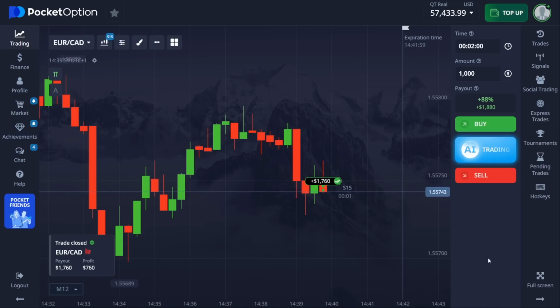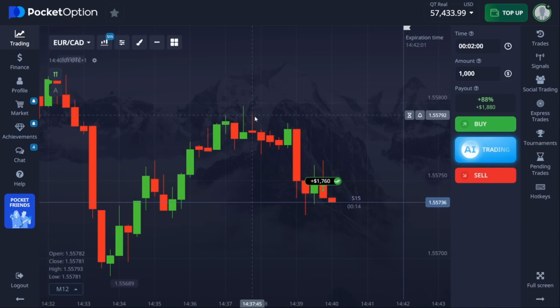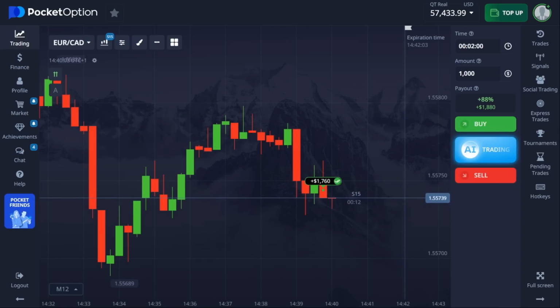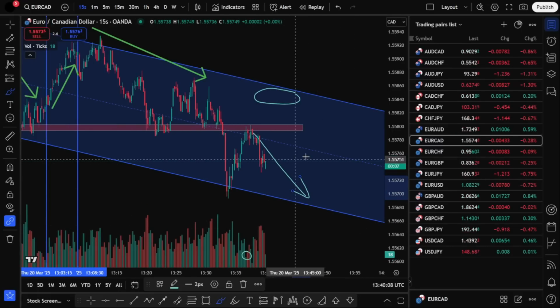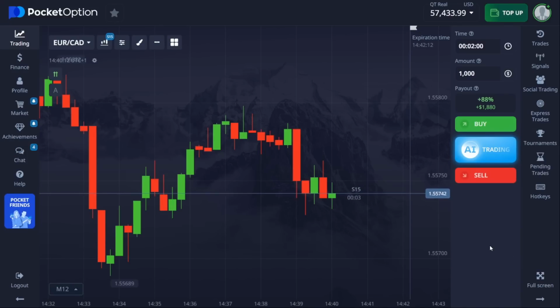And there it is. We entered right at the top and got a solid win. Everything worked exactly as planned. Another perfect result. That's why we use filters, indicators, and strategy together. It's all about the system.